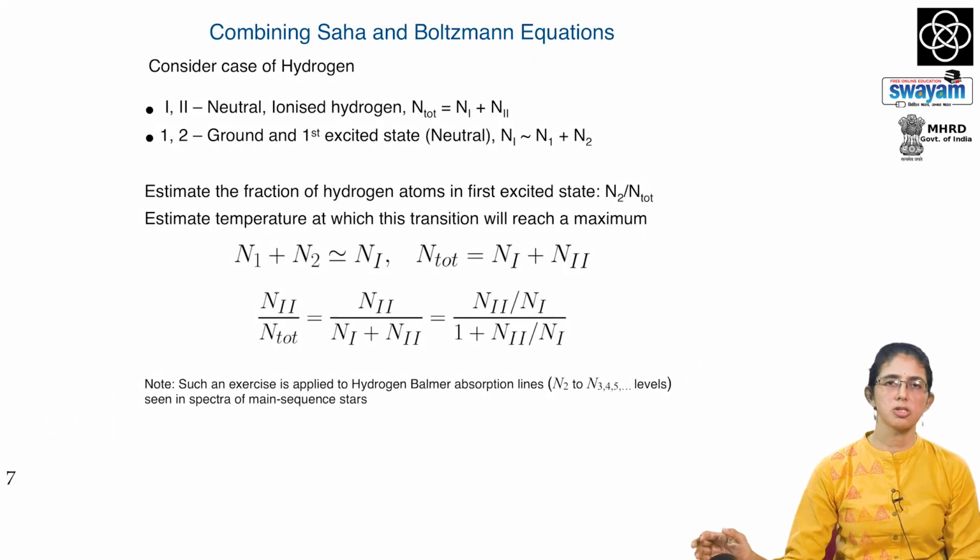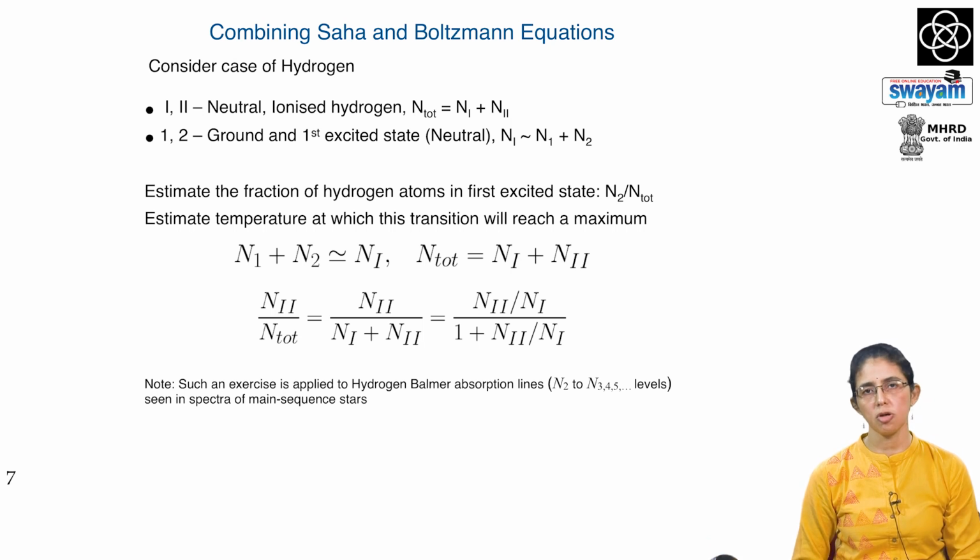We next look at trying to understand how the strength of the lines can be determined using these relations. For this, we consider the simplest case of hydrogen, and since hydrogen can be ionized, we define two ionization states, the first and the second, that correspond to the neutral and the ionized stage.